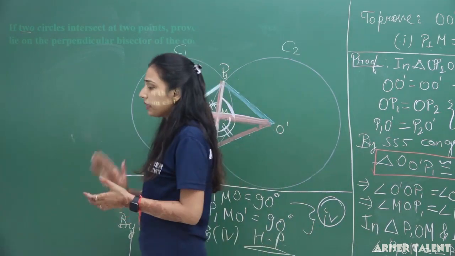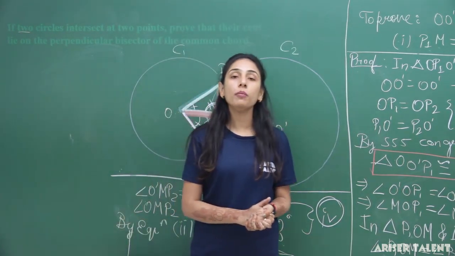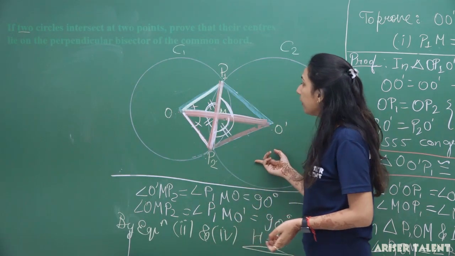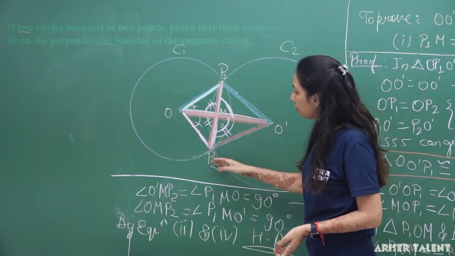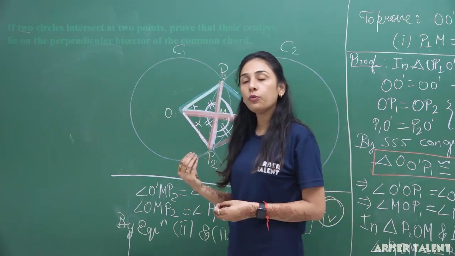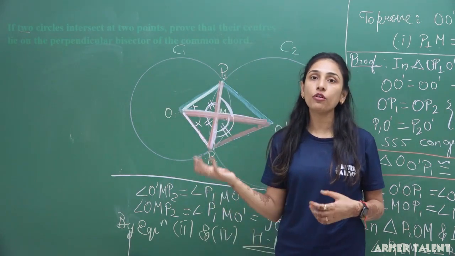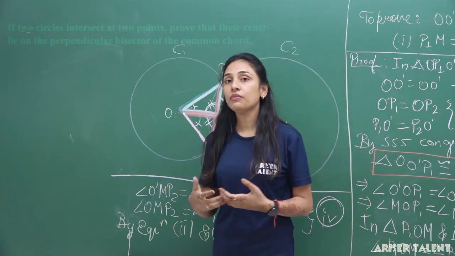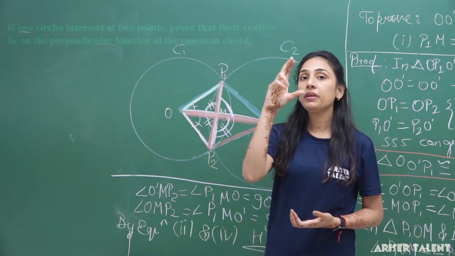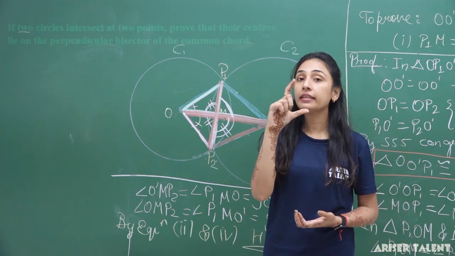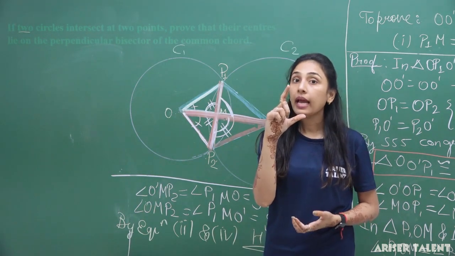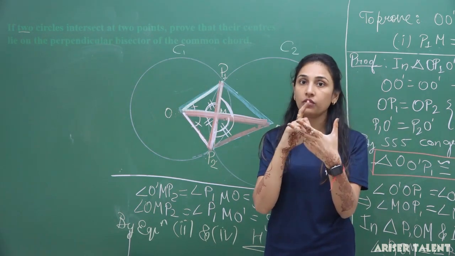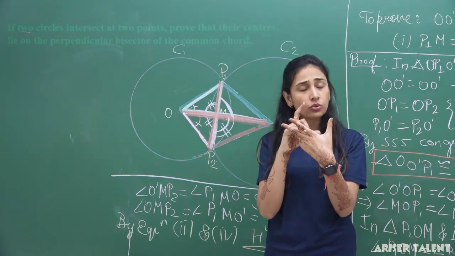So students, in this particular session we get to know about a theorem, and we have proved that if we are having 2 points, these 2 points are intersection points that came from the intersection of 2 circles, and after the intersection when we meet these 2 points and create the common chord, and we meet the 2 centers of the circles.